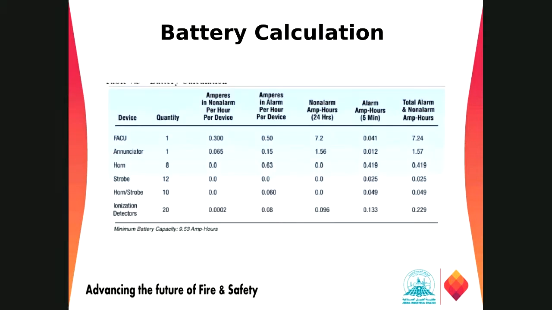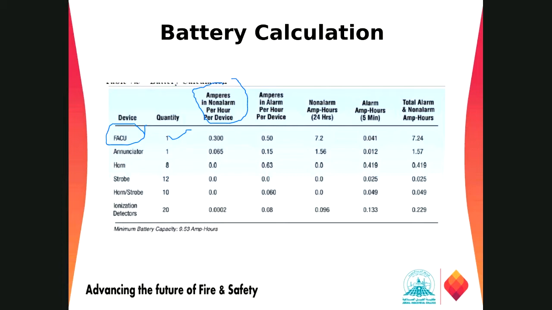And here we have battery calculations as per UL requirement, right? Let's say this is our fire alarm control unit. From the data sheet of the fire alarm control unit, we can see the amperes in non-alarm per hour per device, right? So I said that 24 hours to 60 hours we need a battery supply without alarm, right? One device will take 0.3 amperes per hour, and so on.